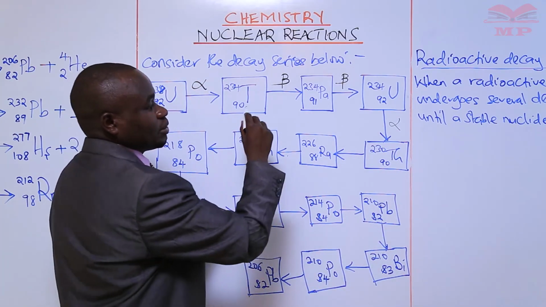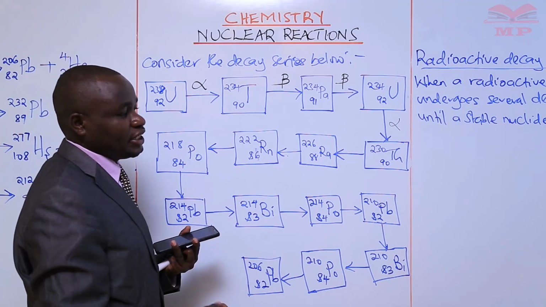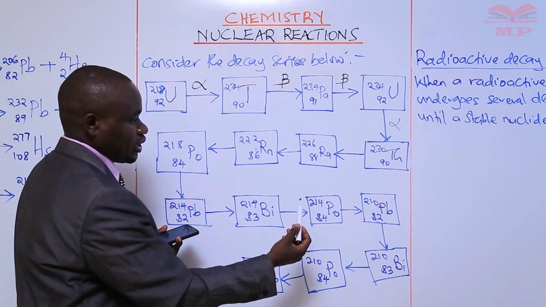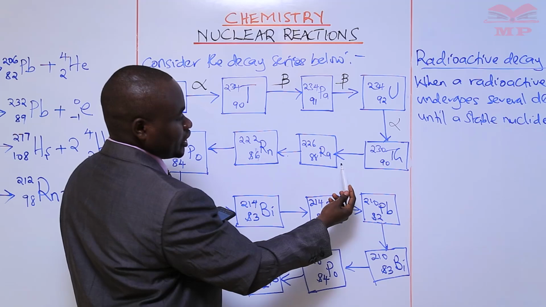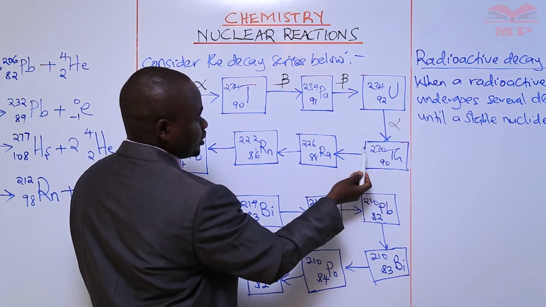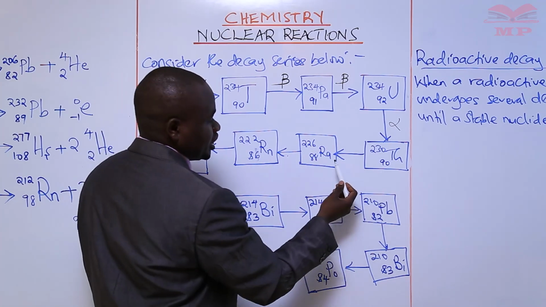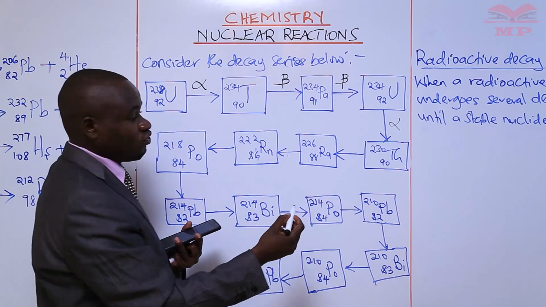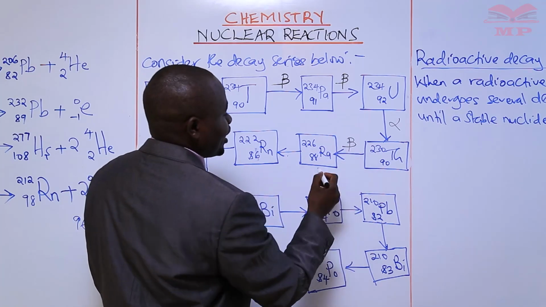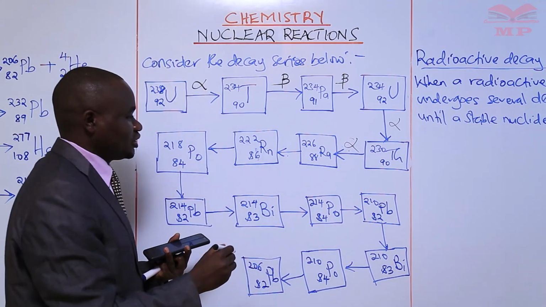So we are saying the process takes place until a stable nuclide is obtained. So how about this one? You can see the mass number has reduced from 230 to 226. Atomic number reduced from 90 to 88. That means there is emission of a, not really beta, but alpha particle. Yeah, that's good.